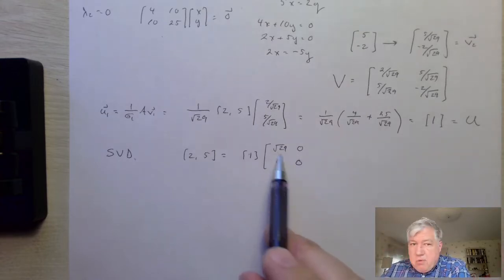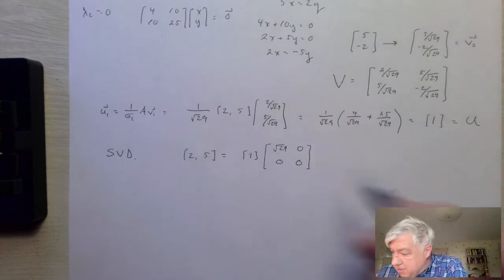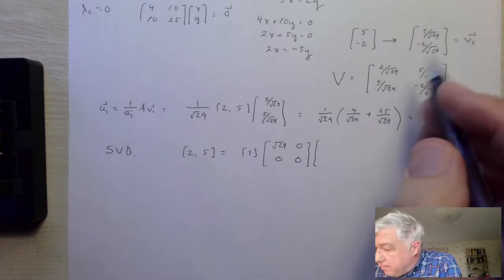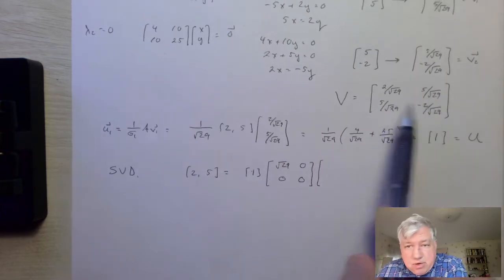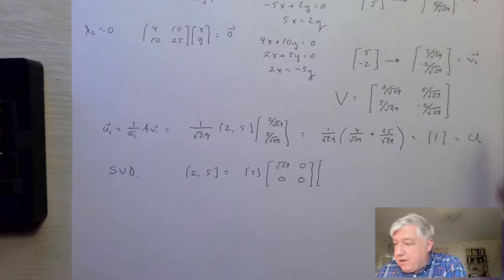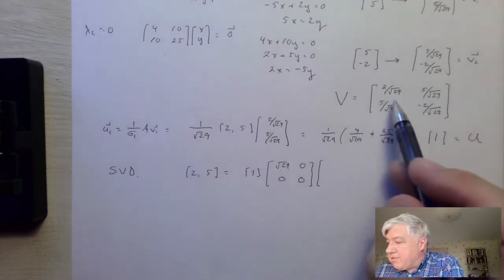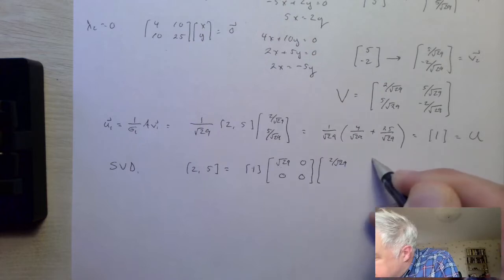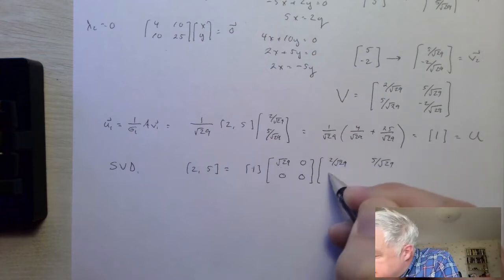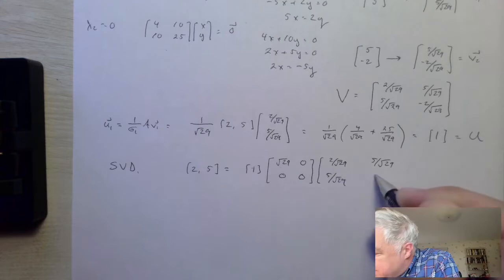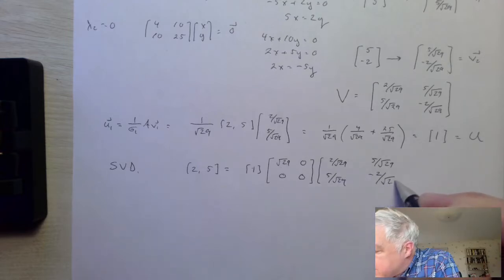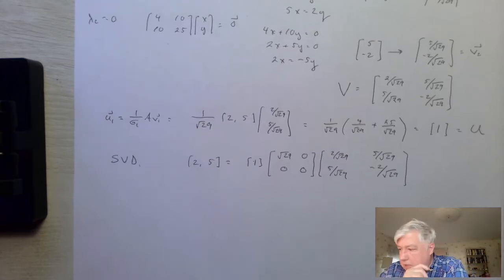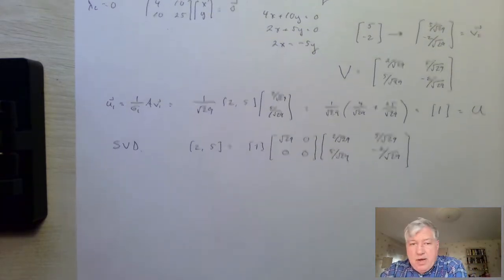This is our sigma 1. This is sigma 2, and then we'll have V transpose, which, if you look carefully, is symmetric, so V transpose is actually equal to V. So this is 2 over square root of 29, 5 over square root of 29, 5 over square root of 29, and negative 2 over square root of 29. Okay. So that's a singular value decomposition.